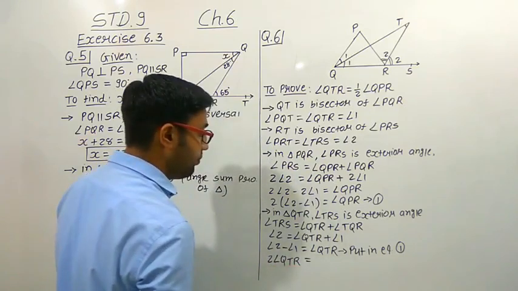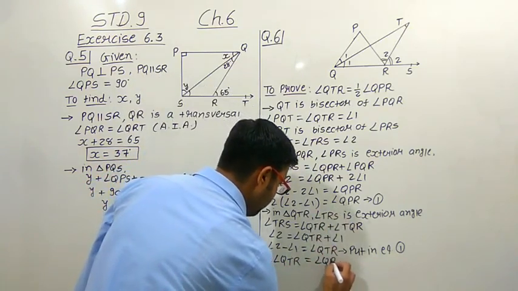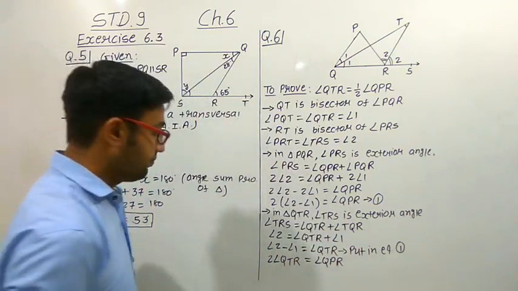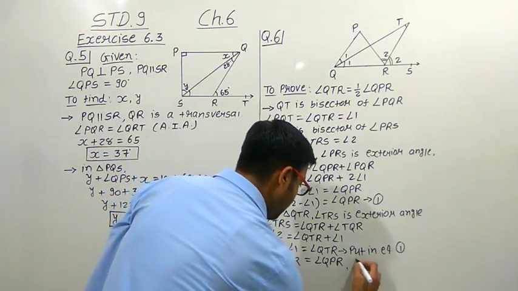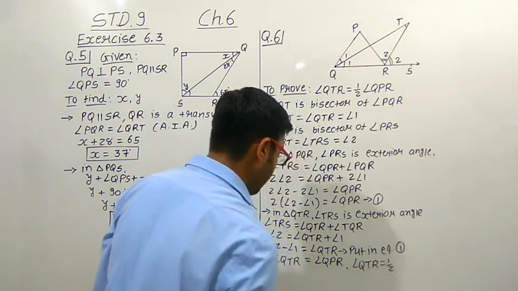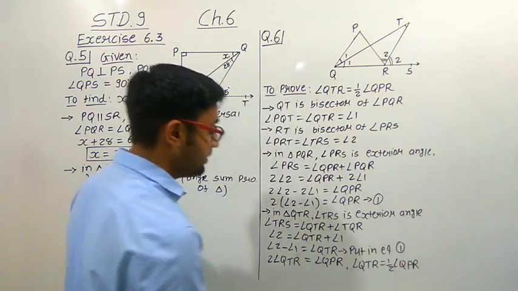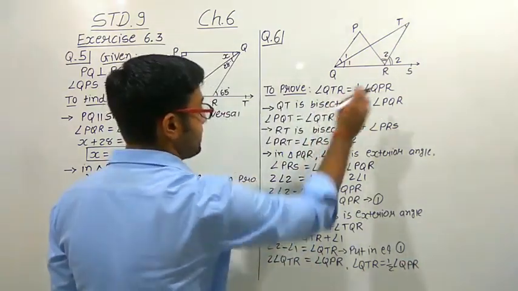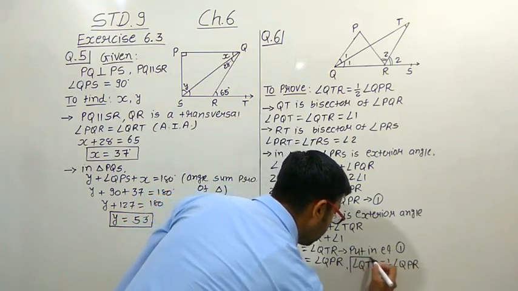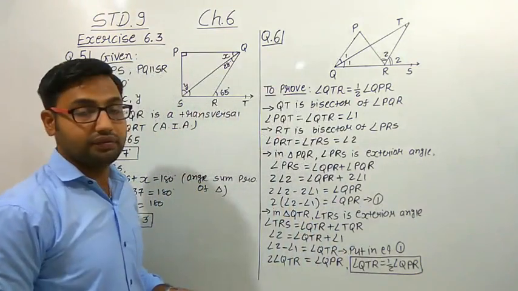And on the right hand side we have angle QPR. Now when we take this 2 to the right hand side, we get angle QTR is equal to 1/2 of angle QPR. And this is the result that we had to prove, right? Angle QTR will become equal to half of angle QPR.